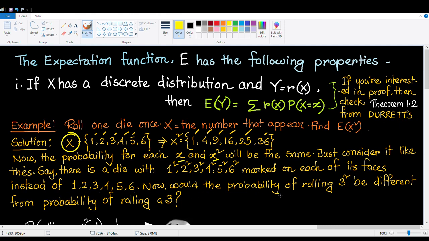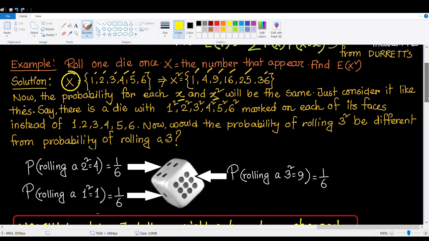Now, would the probability of rolling 3 square be different from the probability of rolling a 3? Let's see. Say this is the special die where this face here has 9, the face here has 4, and it's 1. So you see that each of the faces would have a square number. Therefore the invisible faces will have 16, 25, and 36 dots on them respectively.